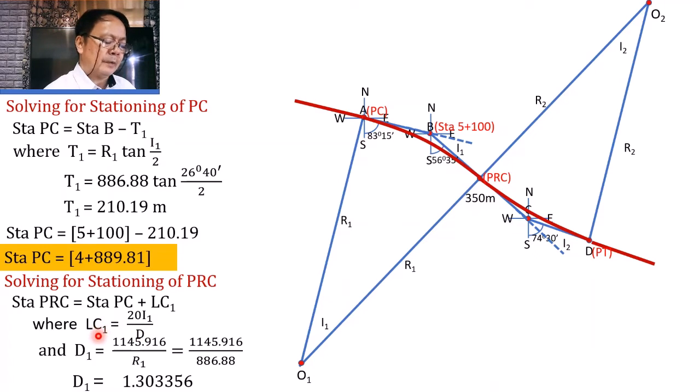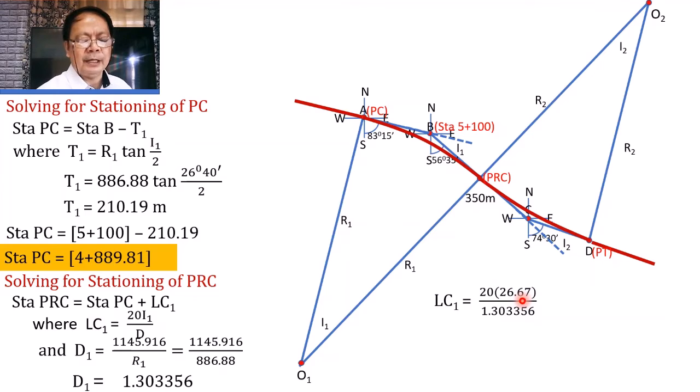Now after computing for this degree, we can substitute it in this formula so that we can solve for LC sub 1 representing the length of the first curvature, which will be equal to 20 times this I, which is equal to 26 degrees 40 minutes, may be written as 26.67 because 40 over 60 is 0.67, divided by the degree of 1.303356.